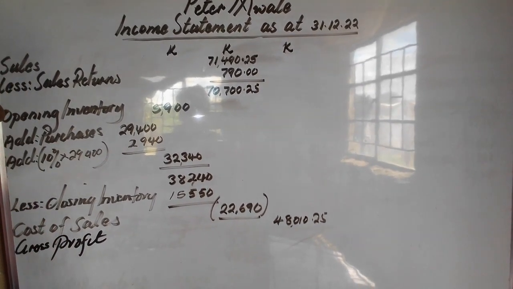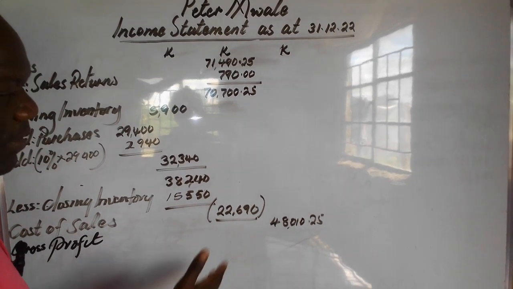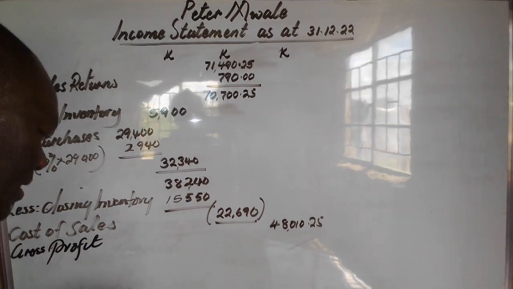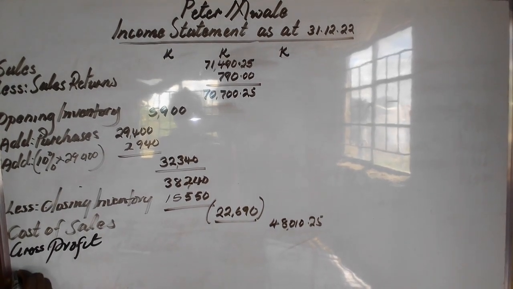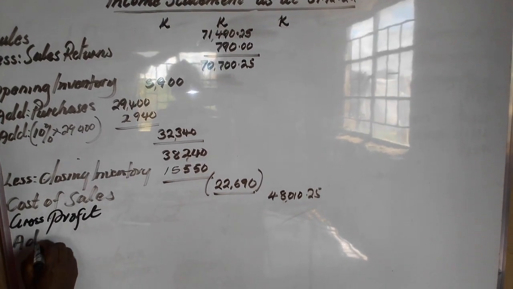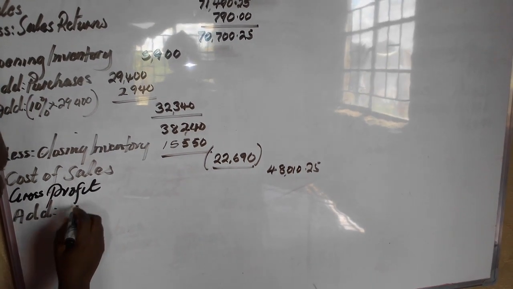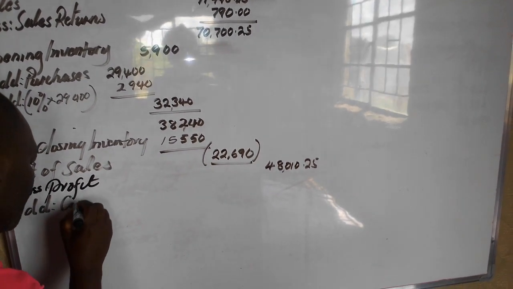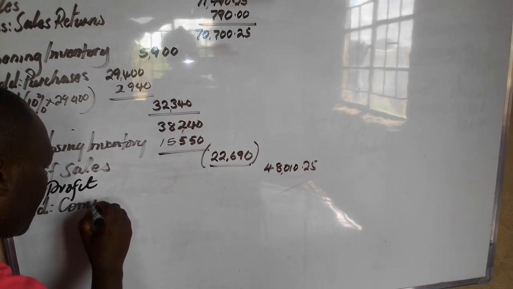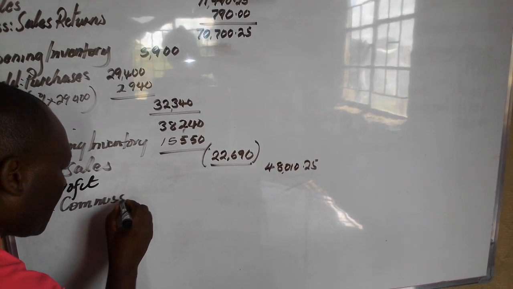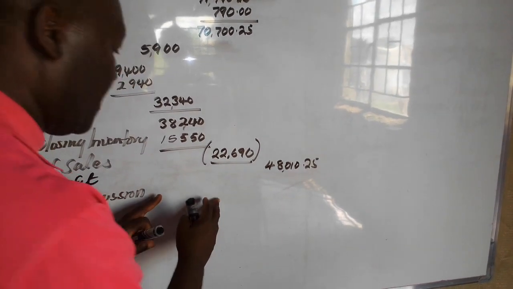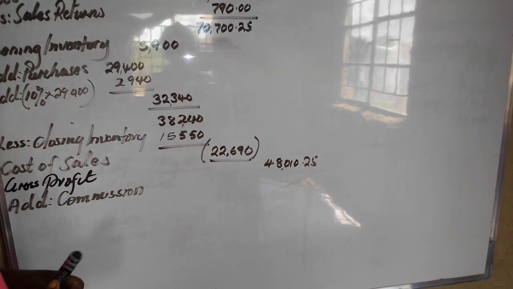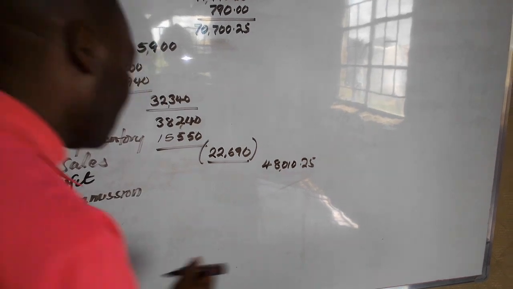In the question, we had a figure mentioned, which is commission received. Because it is a gain, we are going to add it. We add commission received separately, and the figure for commission is 4,100.